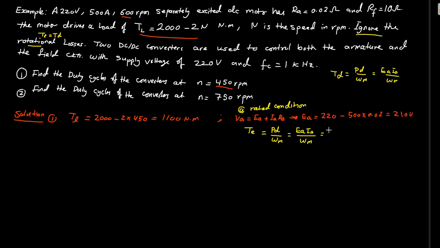So 210 multiplied by IA at rated condition, which is 500, over the speed, which is 600, converted now to rad per second, so it's pi over 30. If we do the math, this will equal 1671.